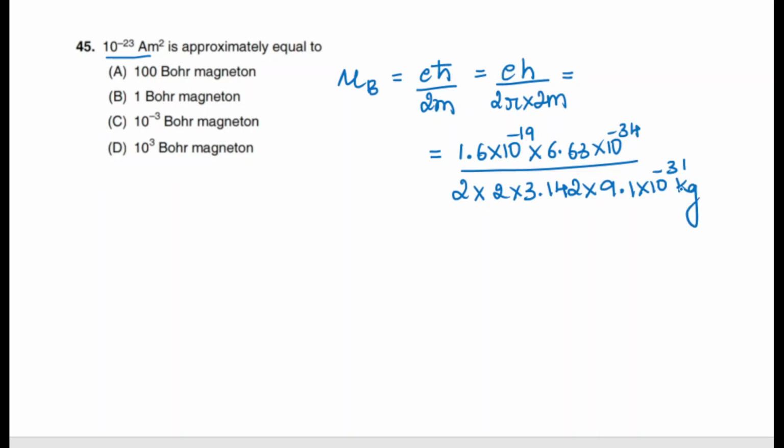After substituting these values, you are going to get a value nearly equal to, I have calculated, 0.9 into 10 to the power of minus 23. So this value and this value are one and the same, right? This value is nothing but mu B. Mu B is 1 Bohr magneton. So option B is the right option.